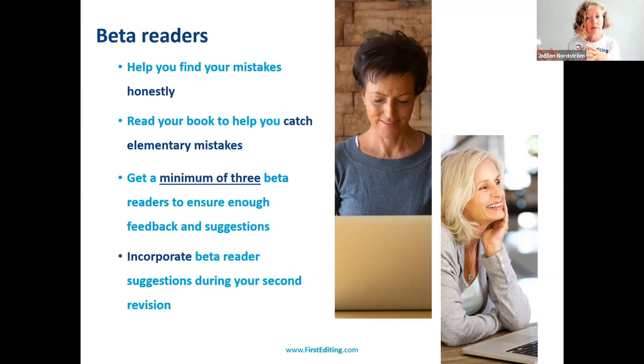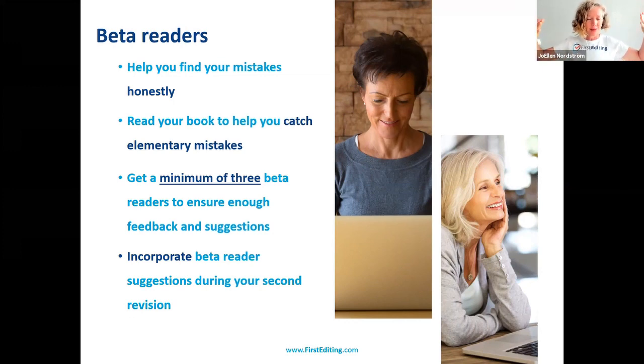You might come back later, you can add more revisions, but you're just editing. After you've done that first initial one by yourself, that self-editing stage, then is your time to go ahead and do your second revision. And that's when you bring in the beta reader, during that second revision.